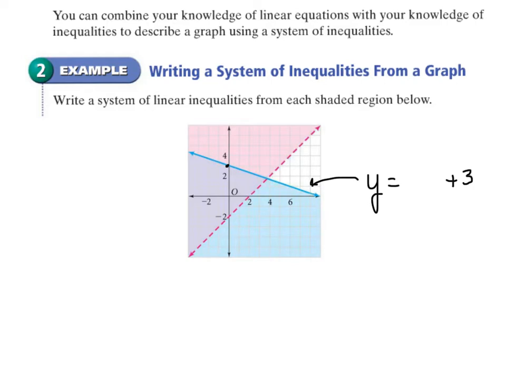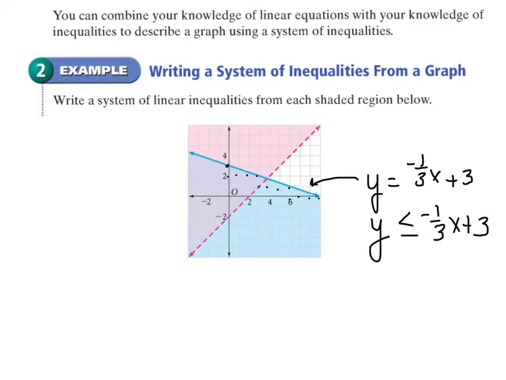And it looks like it goes down 1 over 3, which gives me a slope of y equals negative 1/3 x plus 3. Now, since we shaded below and it's solid, below is less than or equal to negative 1/3 x plus 3.